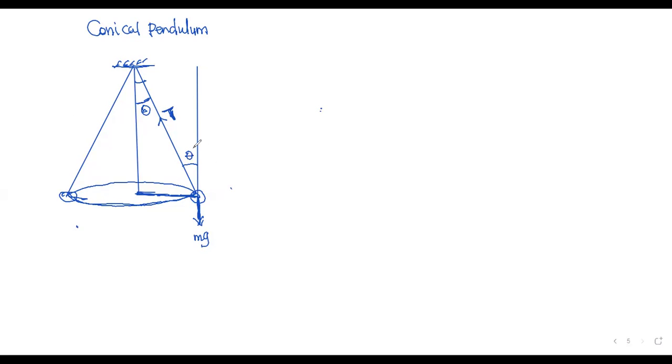So if the angle is theta, we also have this as theta. So we have the tension here acting at an angle. And as usual in physics, whenever a vector tilts at an angle, we resolve it to its horizontal and then vertical component.